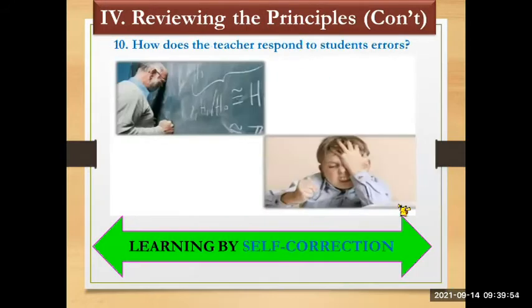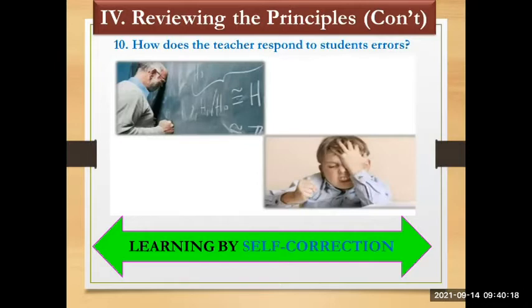And number 10, how does the teacher respond to student errors? Learning by self-correction. The teacher asks the student, or gets him, to correct his own error. It can be two ways, by the way. The teacher corrects the error or students correct themselves.